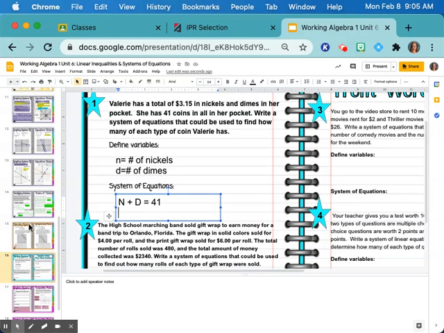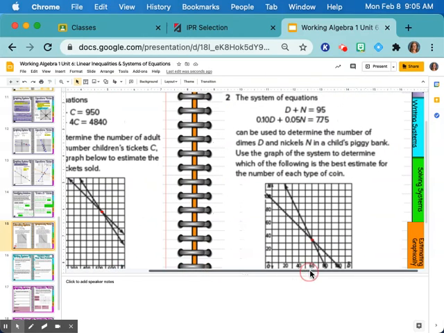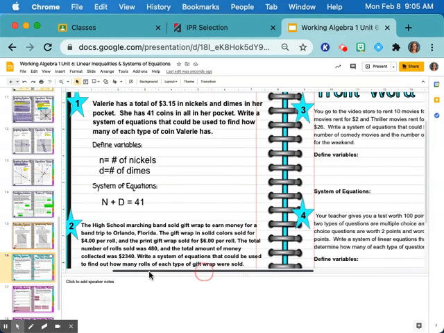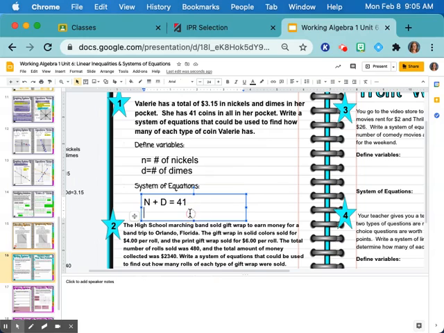So for equation 2, let's look at how they wrote that down for us. 10 cents D plus 5 cents N equals $7.75. That's your money, how much money you have. So over here, how much is a nickel worth? 5 cents plus 10 cents times the dimes.